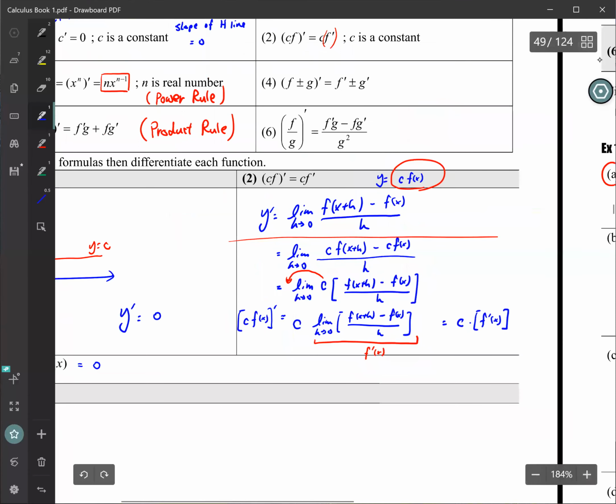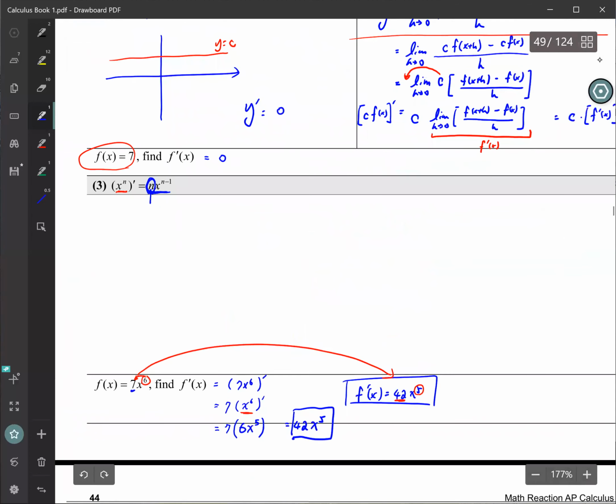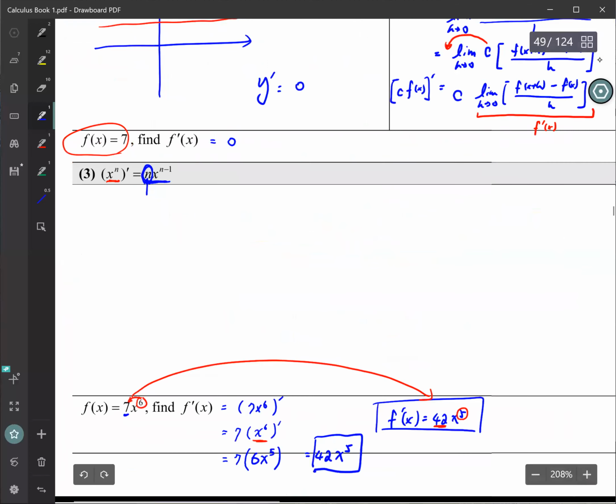So that's the idea, right? We're going to do similar things to the bottom part. So we are going to prove that if the original function is x to the n, its derivative will be n x to the n minus 1.